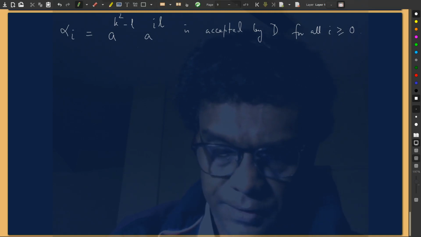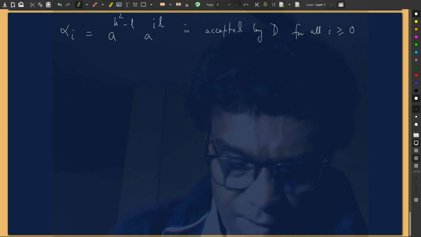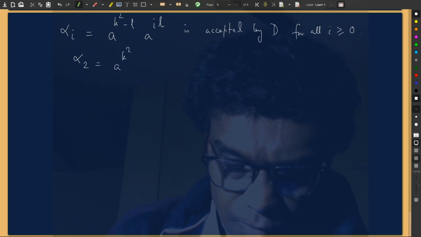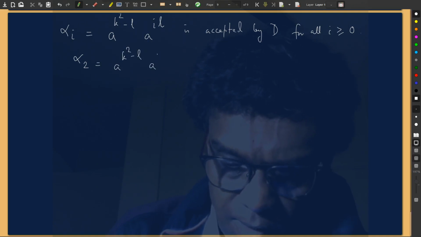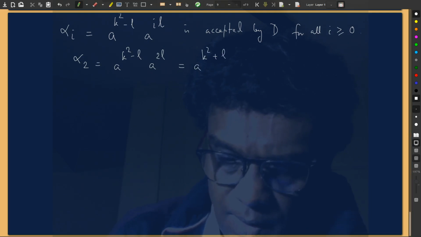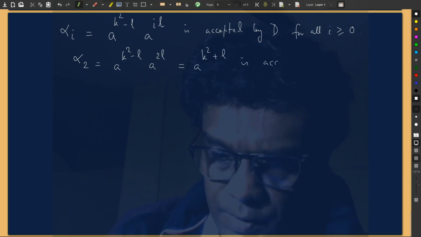This is the original string. Otherwise, if I now look at alpha 2, a^(k² minus l), a^(2l), a^(k² plus l). This is accepted by D.